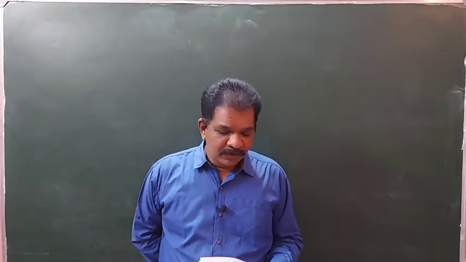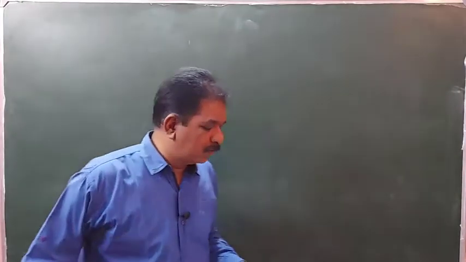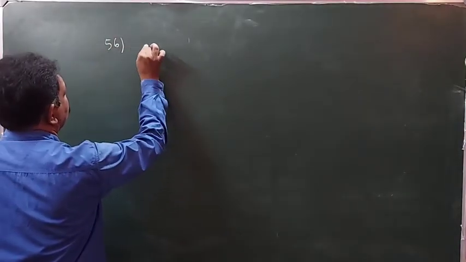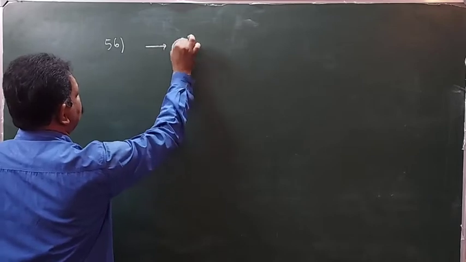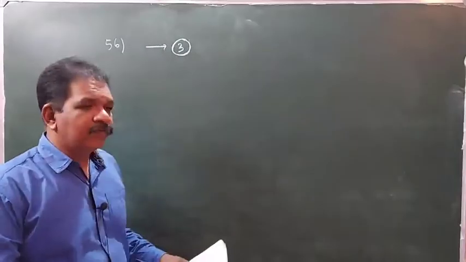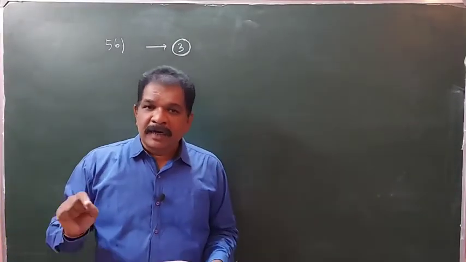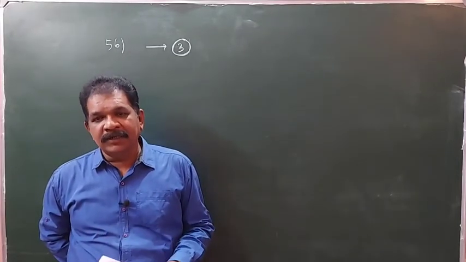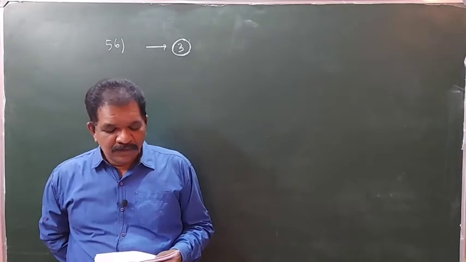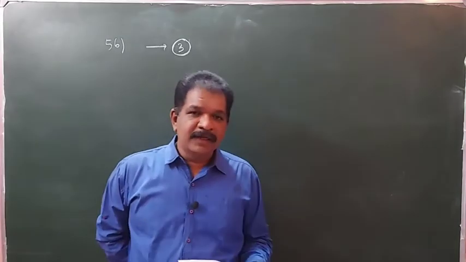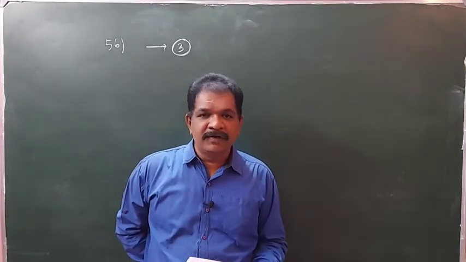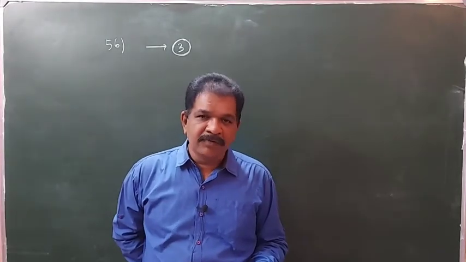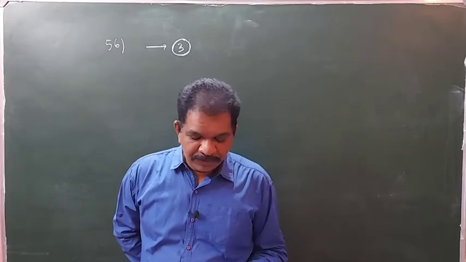There we can't use those equations. So for 56, the third option will be the answer. We can't use kinematical equations when acceleration is changing. Fourth, when acceleration remains constant, yes, definitely we can use those equations.